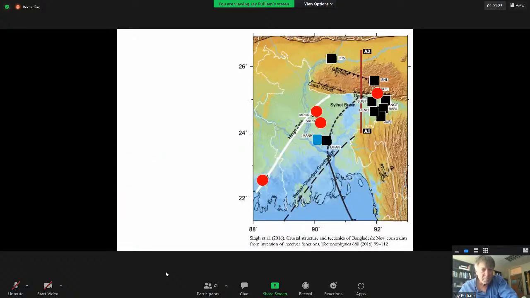And one thing that was a little odd is that when you do these receiver functions, if you look at the transverse components of the receiver functions, they will indicate either nothing, meaning that it's isotropic and more likely to be continental crust, or you could get a certain pattern that could be produced either by a dipping structure, like a subducting slab, or anisotropic material, which, like oceanic crust, is highly anisotropic.